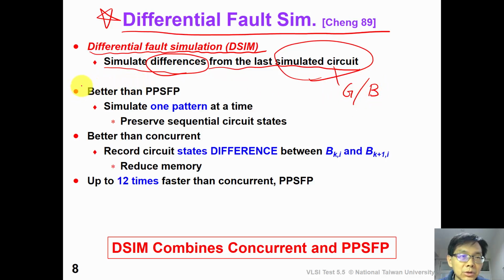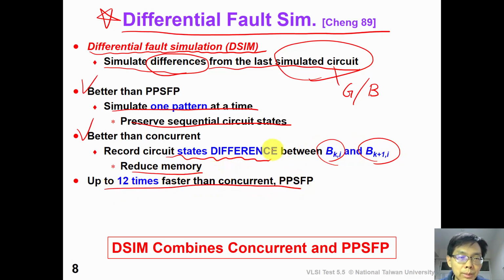This simulation technique is better than PPSFP because we only simulate one pattern at a time, so we can preserve the sequential circuit state. This technique is also better than concurrent simulation because we only record the state difference between two versions of the circuit, so we can reduce our memory consumption.